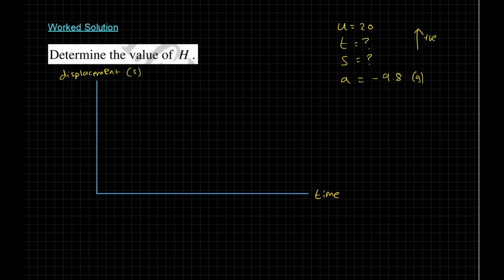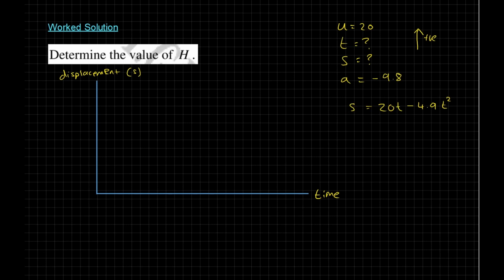So we have our favorite one, s equals ut plus a half at squared, so s equals 20t minus 4.9t squared. That is the graph we're going to draw, because s is displacement and it's a function of time t.